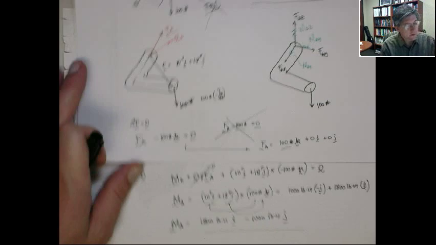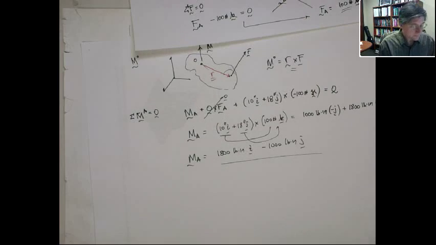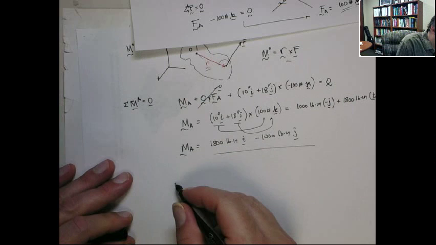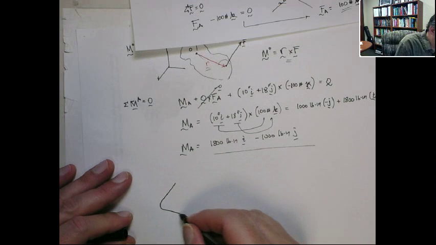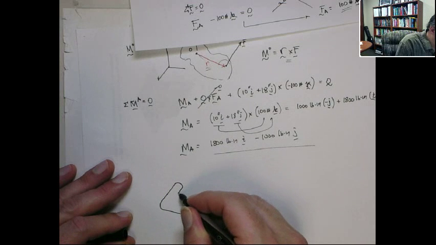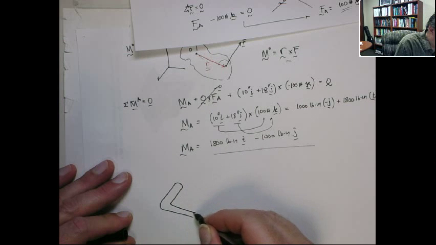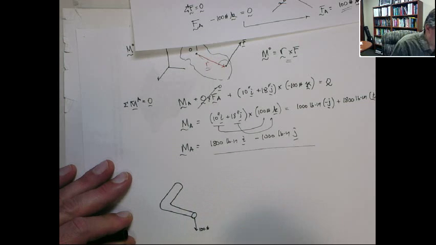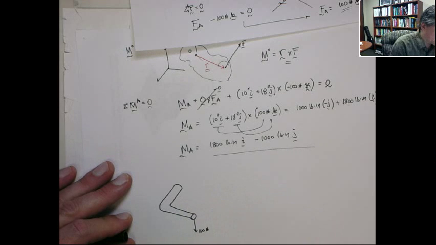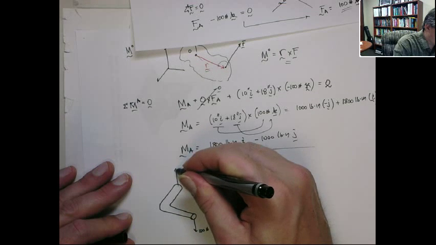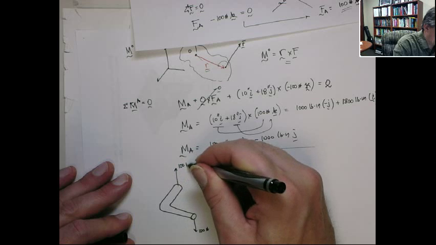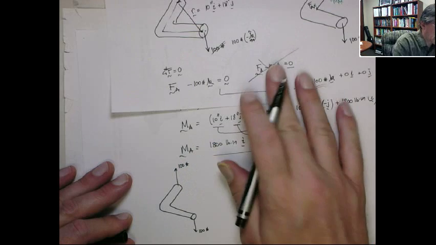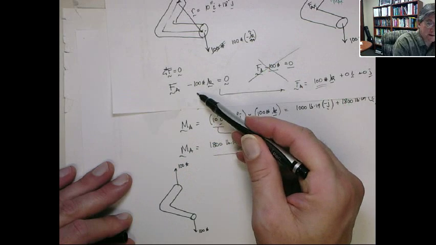Okay? So if you were to actually label this on a 3D diagram, you would have the 100 pounds acting down. We know that the force here is 100 pounds acting up. That's the reaction force from FA.